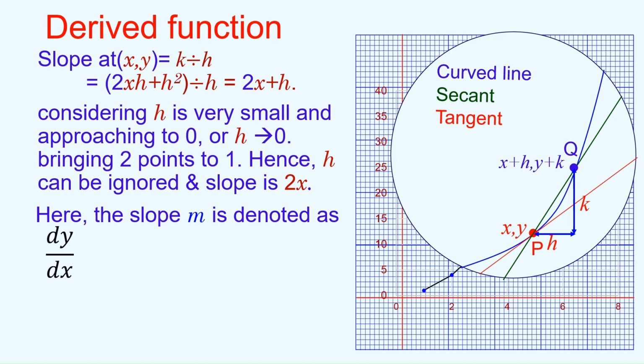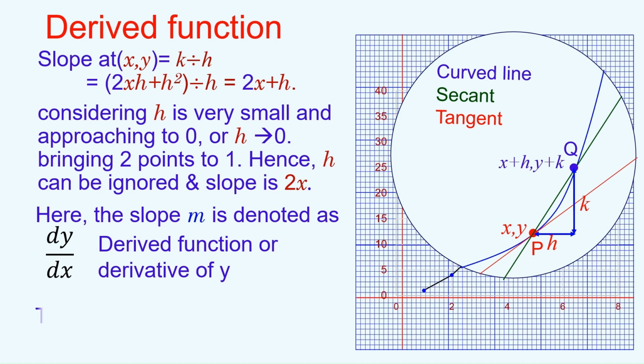Here, the slope m is denoted as dy/dx, the derived function or derivative of y. The slope of y equals x squared: dy/dx equals 2x.